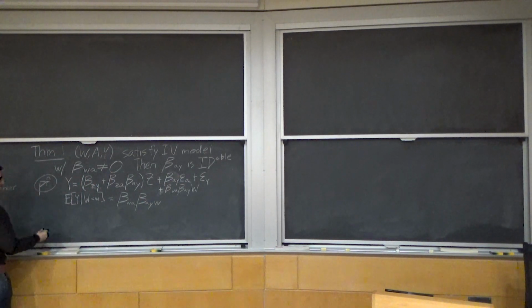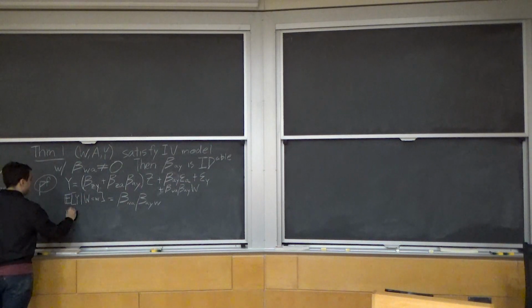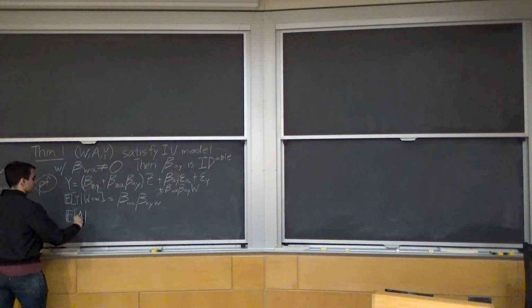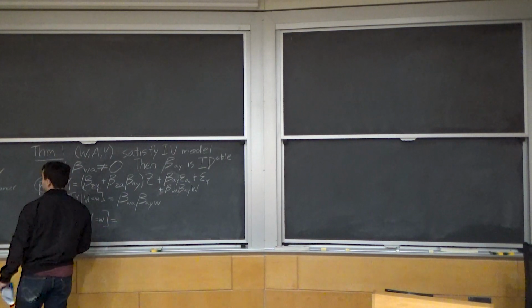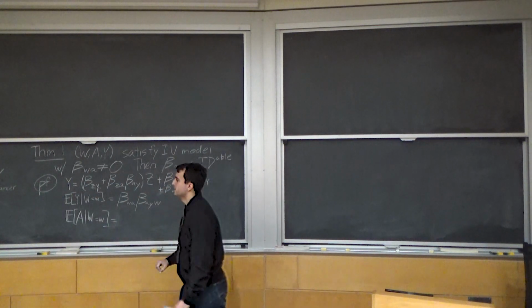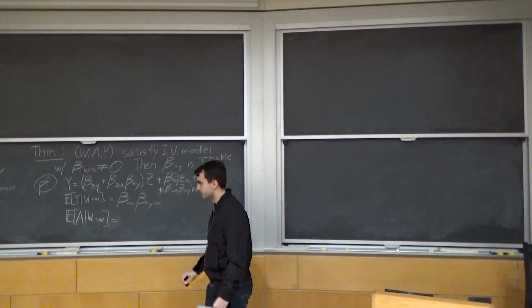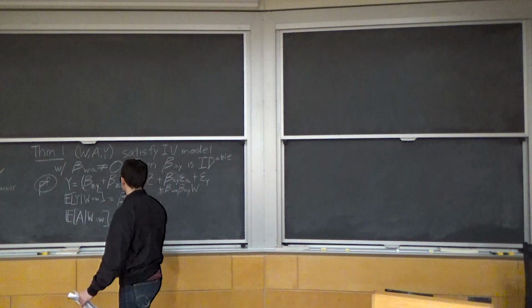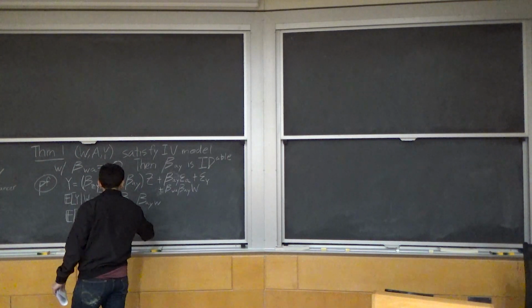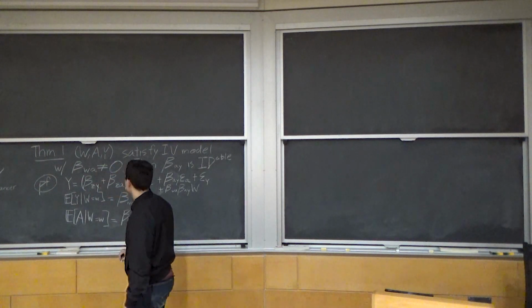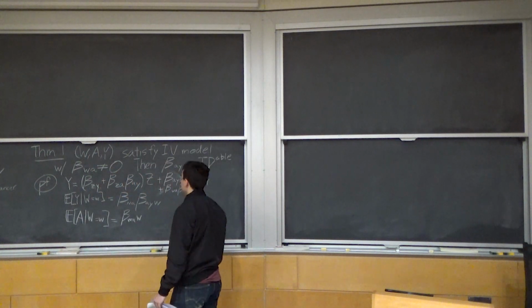And then if we regress A on W, then what are we going to get? Well, again, the Z is going to disappear. We'll get beta WA times W, and then epsilon A has 0 mean.